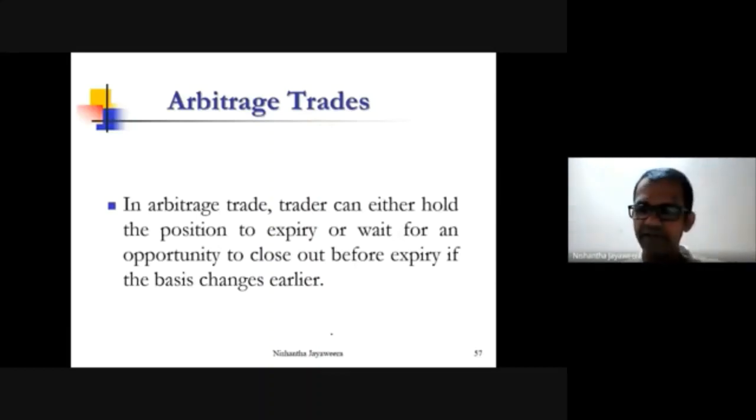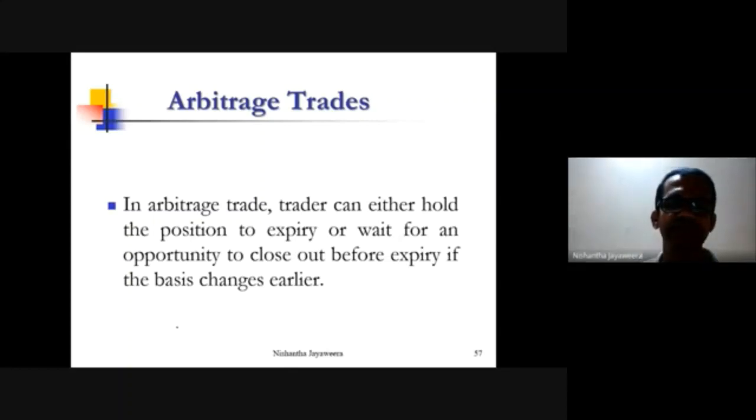So if you don't have any questions, we'll move forward. What this slide explains is, since this is related to basis, it's not necessary to wait until the expiry of the futures contract to close out or make the profit of your arbitrage opportunity.